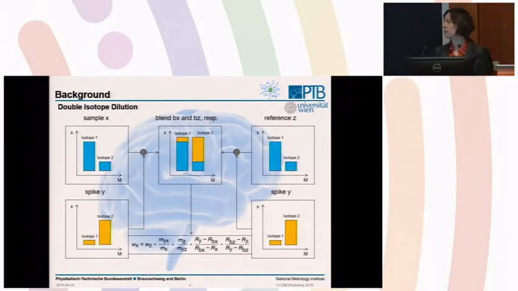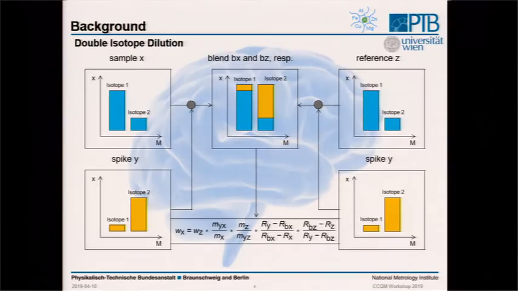So the intention here was to use isotope dilution. We heard a lot about isotope ratio measurements already, so I don't want to go into detail here. But the principle is you have your sample with a natural distribution of the isotopic ratios. Then you need a reference if you want to do double isotope dilution, and you need a spike material which has an enriched isotope.